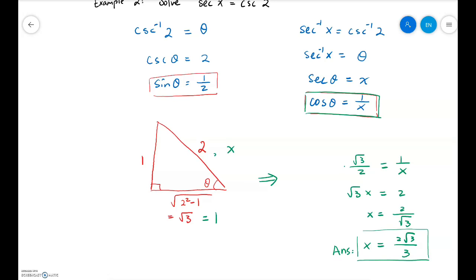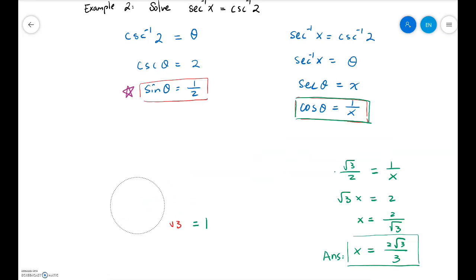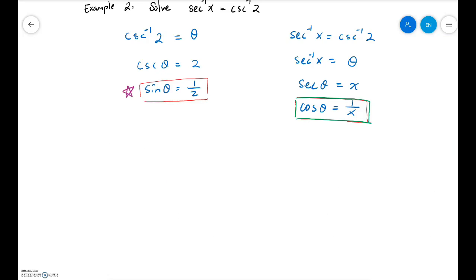Okay, so this is the general way we solve this type of problem. But for this particular example, we have a really nice value, sine theta equals 1/2. So instead of drawing a right triangle, I can continue working from the idea that sine theta equals 1/2.